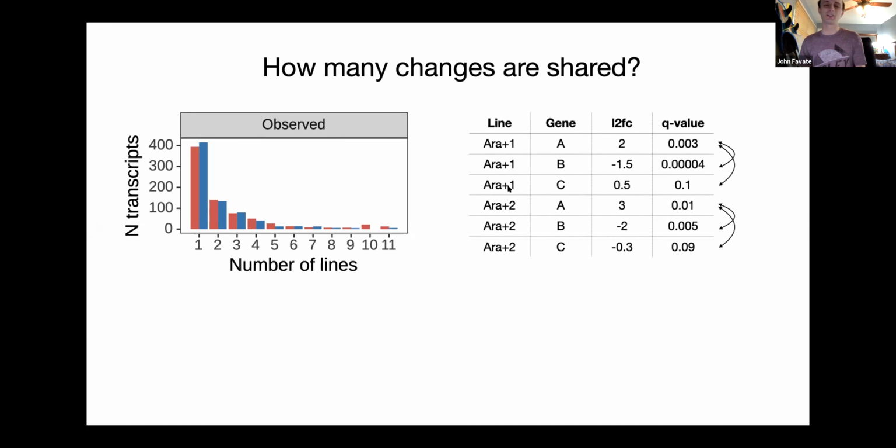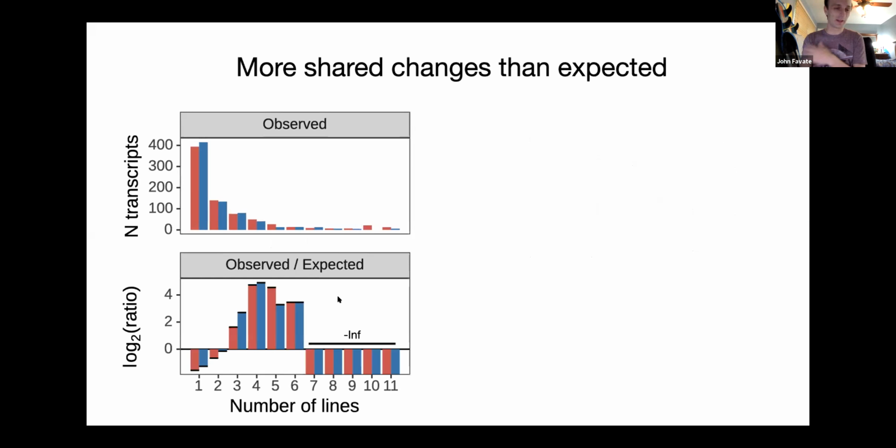It's essentially asking: given the number of genes I observe to be statistically significant with a fold change in a particular direction, how often would I expect to get a result like this? How many times would I see 20 or so genes being downregulated and significant in 7 of the evolved lines, or 8, 9, 10, or 11? When I do that a bunch of times, I can plot the ratio of observed over expected, and I get this result.